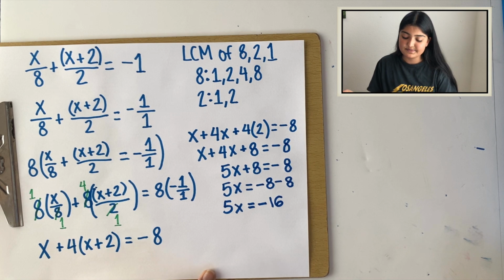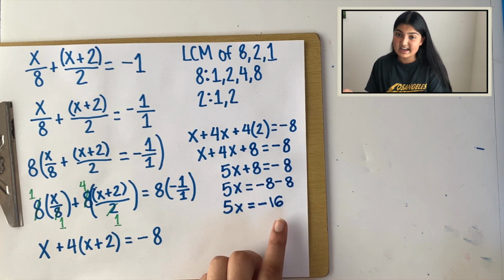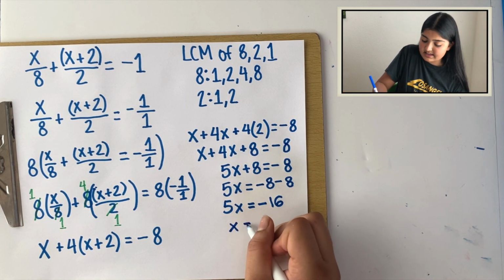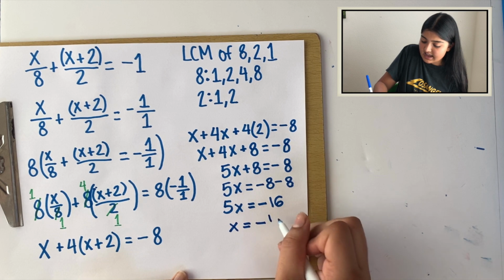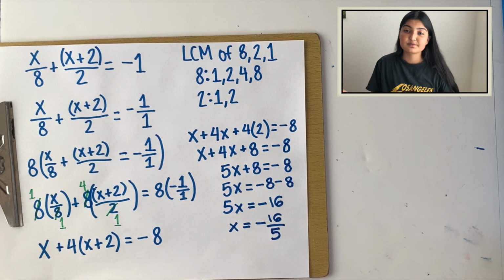And finally, let's take 5 to the other side of this equation. x is equal to negative 16 over 5, which is a solution to this equation.